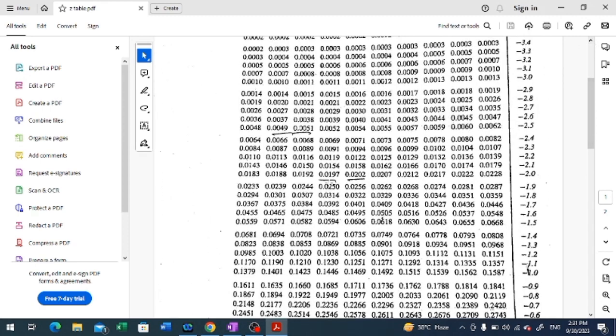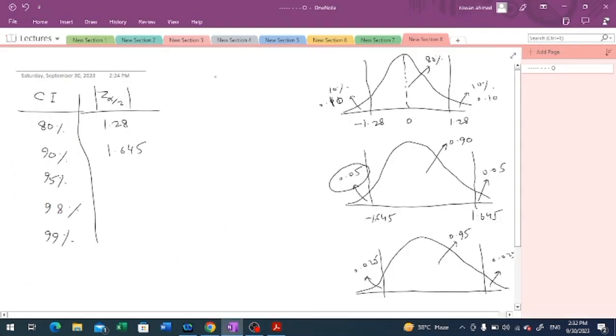You can see this is given as 0.025 here, in the minus 1.9 row and 0.06 column. So minus 1.96 is the value of z corresponding to this probability. Therefore, 1.96 is the value that we substitute here.